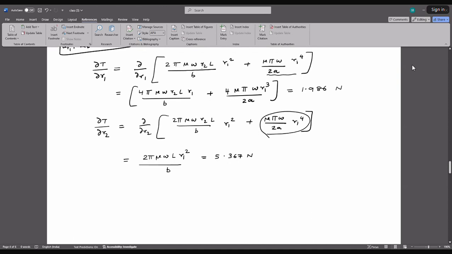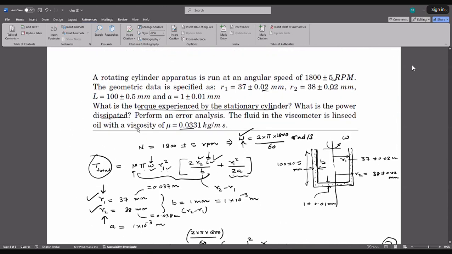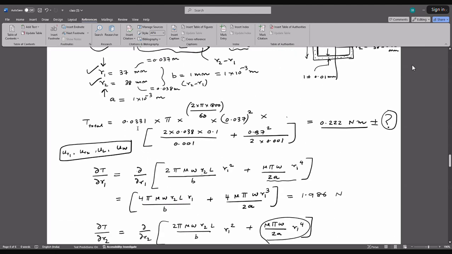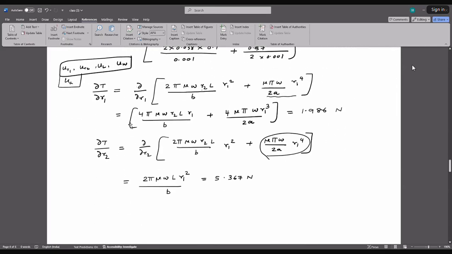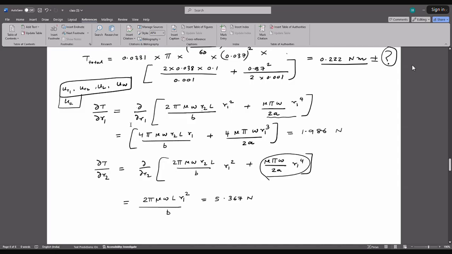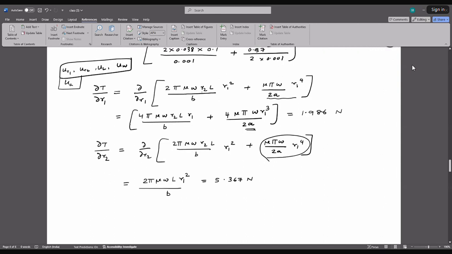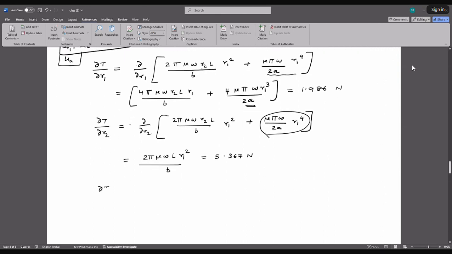Next, A also has an uncertainty, L has an uncertainty. So we also have U of A. Let us now find how the uncertainty in A affects the torque. Of course, when you take dou T over dou A, the first term is not a function of A, so this will give you 0.